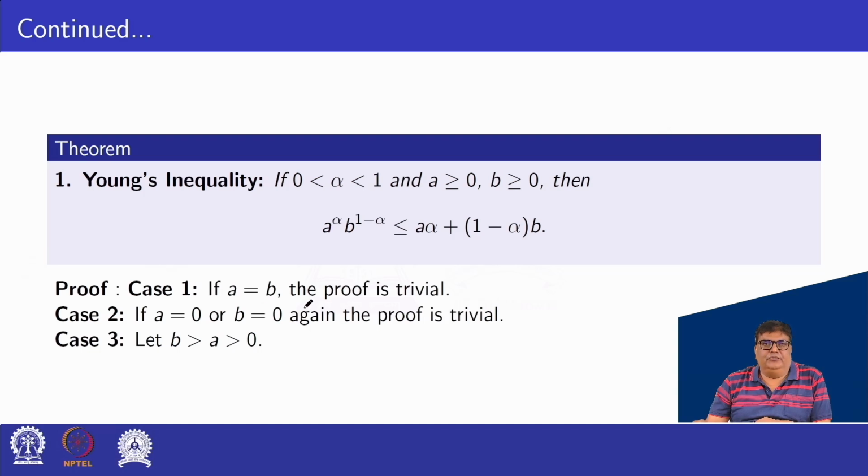Case 1: if a is equal to b, the proof is trivial. Why?